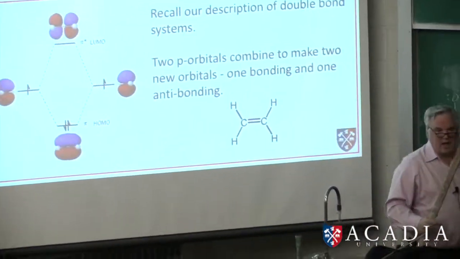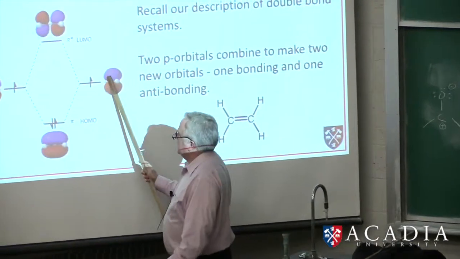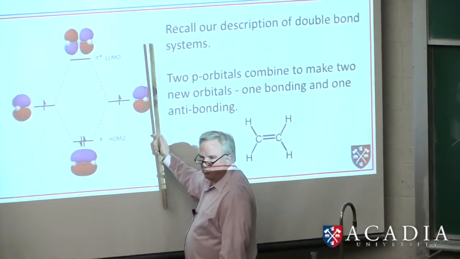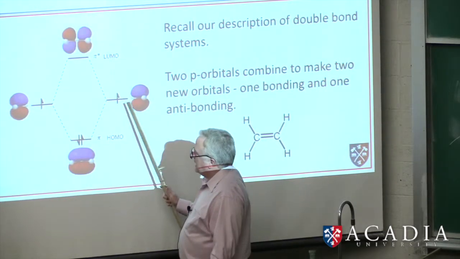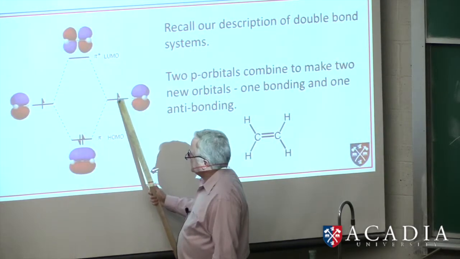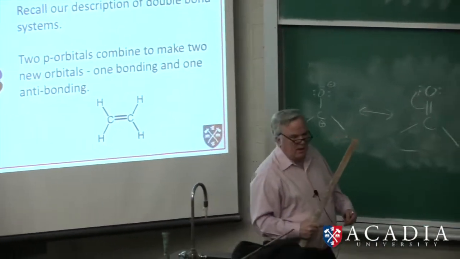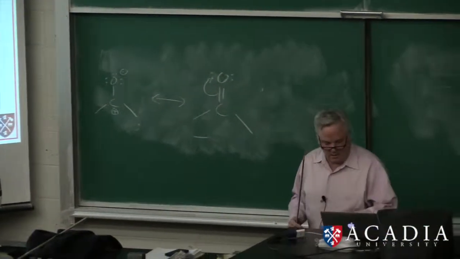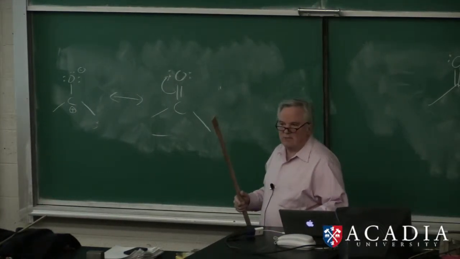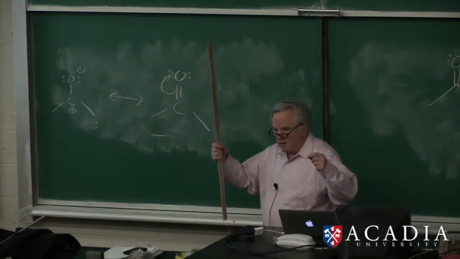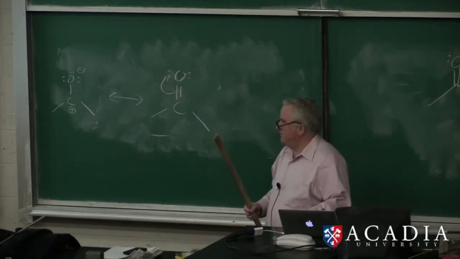So we've stabilized the energy of our system because in the separate p orbitals, each of these orbitals are higher in energy than the molecular orbital. And then once we put our electrons in the molecular orbital, we can think that we've stabilized the system by making these molecular orbitals. Now, one of the rules of making molecular orbitals, you remember, is that the closer 2 orbitals are in energy, the stronger they overlap.